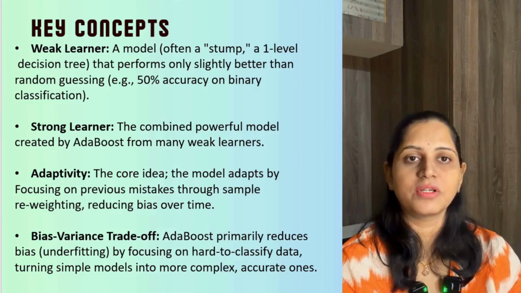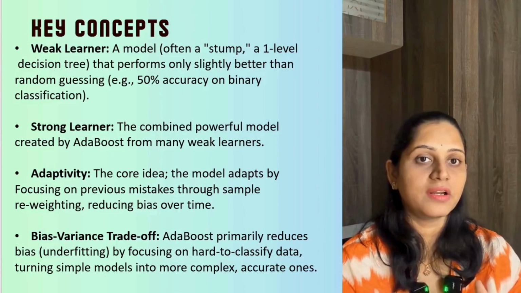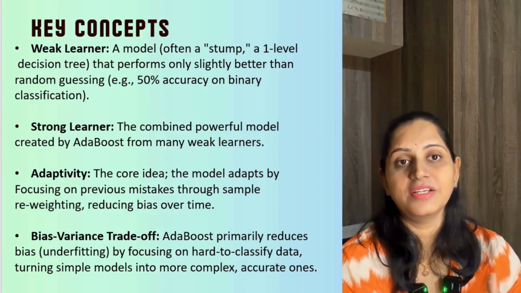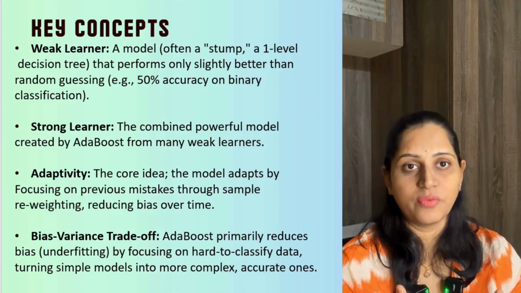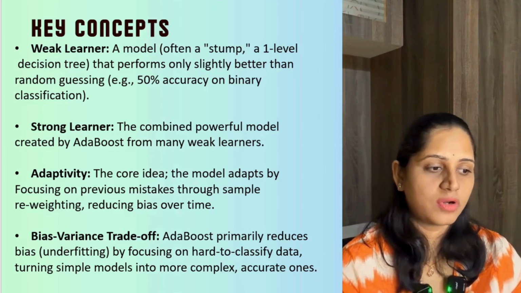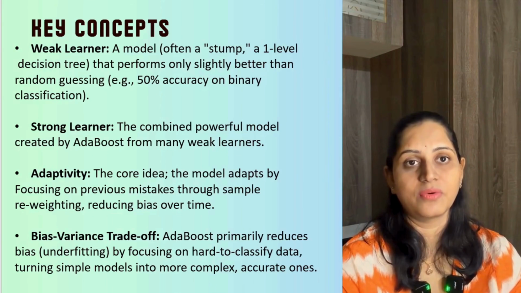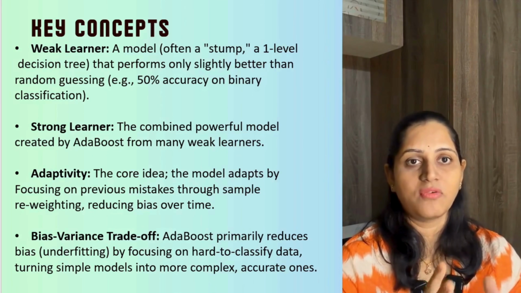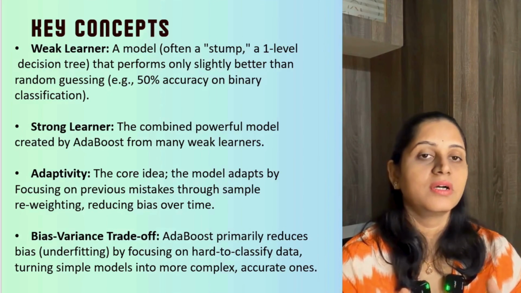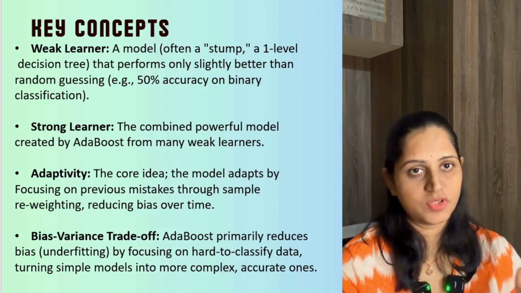So the weak learner is changed at each stage by adding or removing weights. Then we have the strong learner, where we combine the weighted sum of those weak learners.